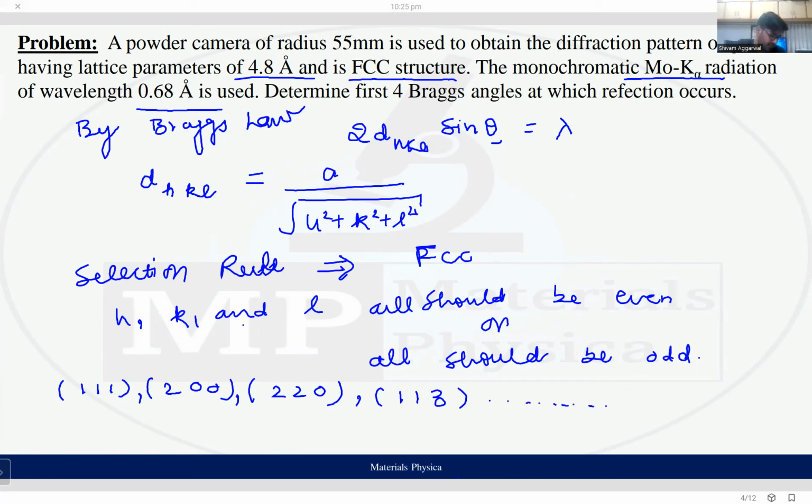If we check h square plus k square plus l square, for this 3, for this 4, for this 8, and for this 11. So this is also in ascending order, so these are the first 4 Bragg reflections. Now let us calculate the value of theta.